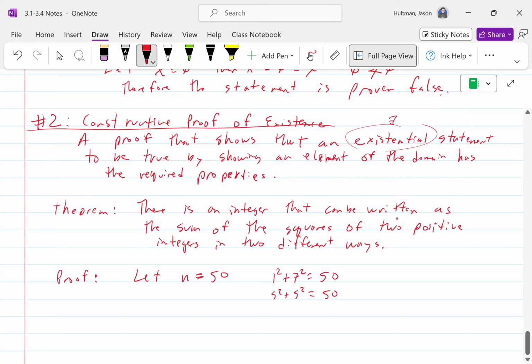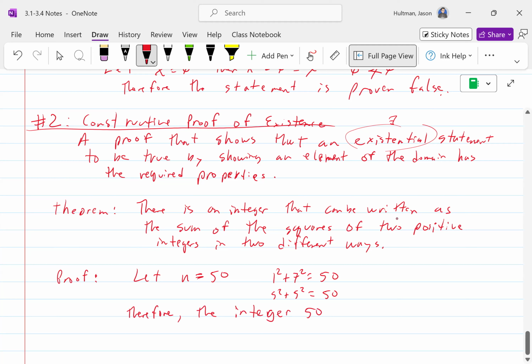Therefore, we just need to show that there exists an integer that has those given properties.